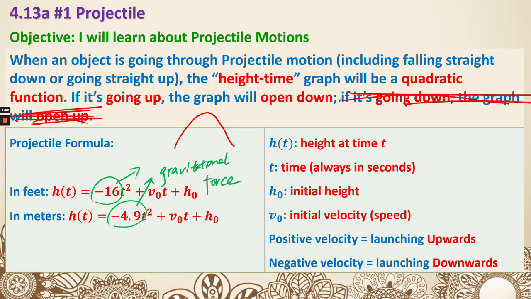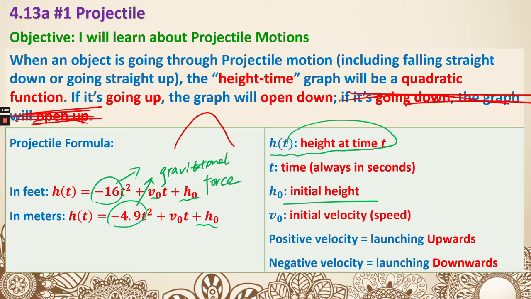Now we do have a lot of variables in these formulas, so let's have a look. H of t, of course, is the height at time t. The t is going to be time, and since these things typically fly pretty fast, the t is always in seconds. H0 is the initial height, because in the previous example you see that 20 is the number on the end, and that is the initial height.